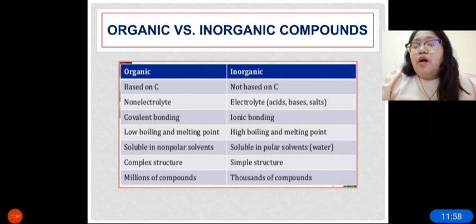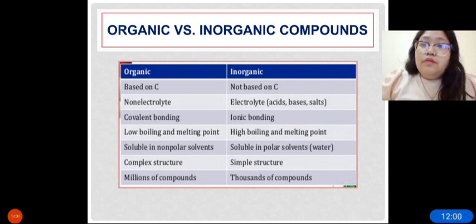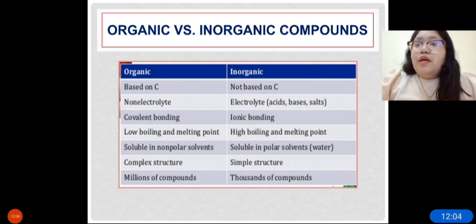Organic compounds are usually bonded through covalent bonding, while on the other hand, inorganic compounds are joined together by ionic bonding. Organic compounds have low boiling and melting points, while inorganic compounds have high boiling and melting points.